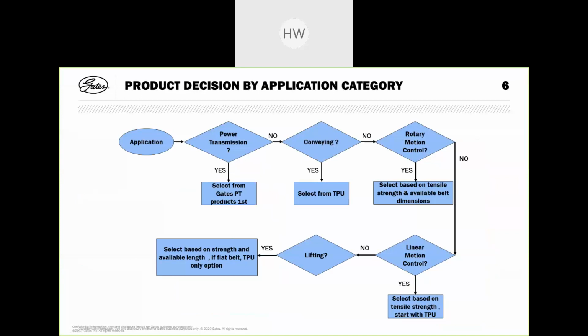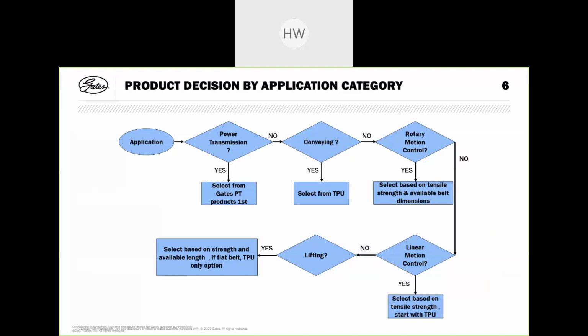Rotary motion control, mostly it's a Gates PT rubber belt based on tensile strength and available belt dimensions. In TPU, we have more possibilities to be flexible in belt dimensions.